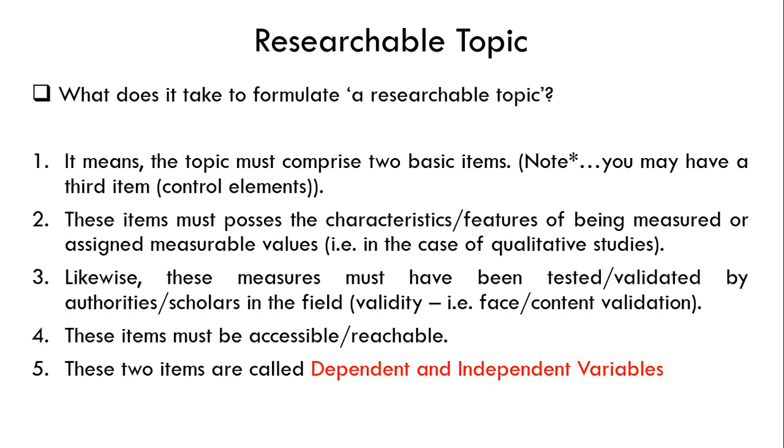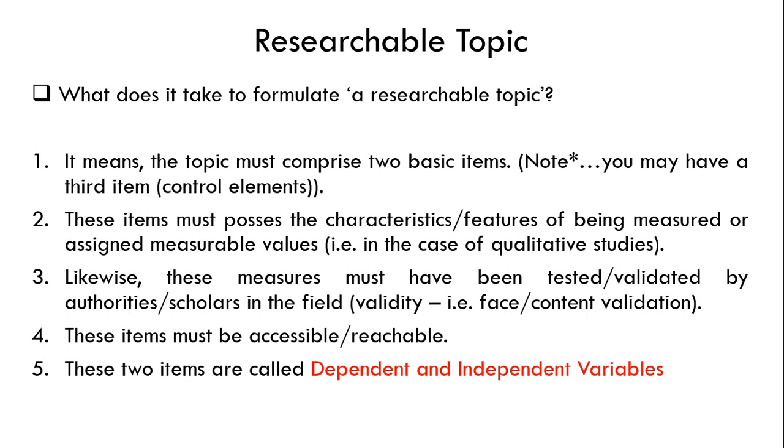Then secondly, these items are expected to have the feature of being measured, or you can assign measurable values to them. You can assign measurable values to the items that form the dependent and independent variable, even in the case of a qualitative study.